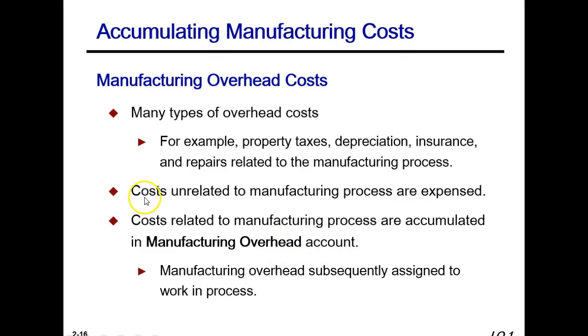Now remember, costs unrelated to the manufacturing process get expensed. What kind of cost are we talking about here? These are sales and administration costs. Period costs. Exactly. If they're getting expensed, these are period costs, not product costs. Okay?